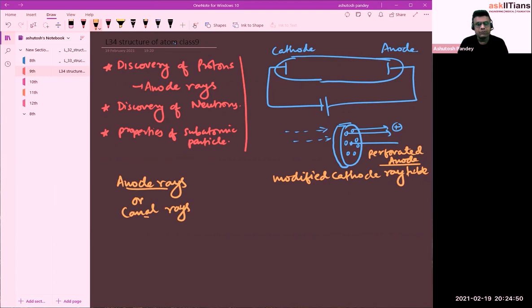Now what are the various properties of these canal rays? Unlike cathode rays, the mass of these positively charged particles depends on the nature of the gas filled inside the cathode ray tube.